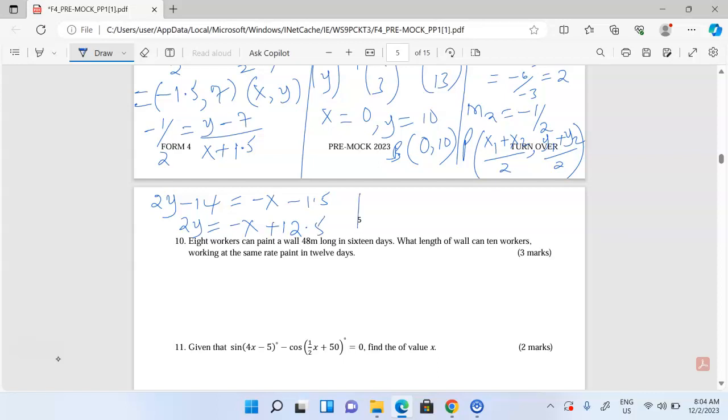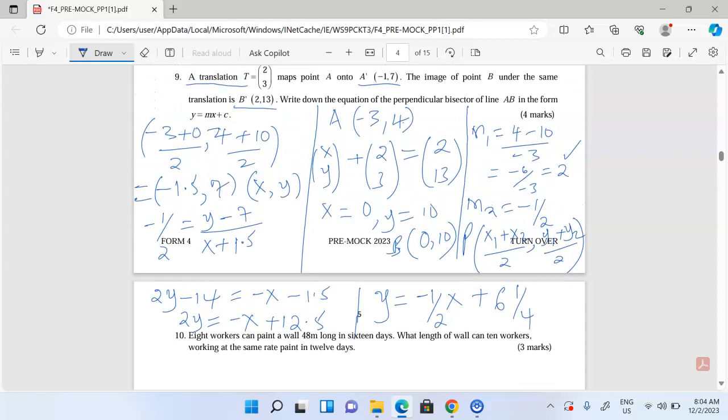So now we can remain with y because we've been told to put the equation in this format. When this is divided by 2, I'm getting 6 1/4. So this is the equation in the desired format.